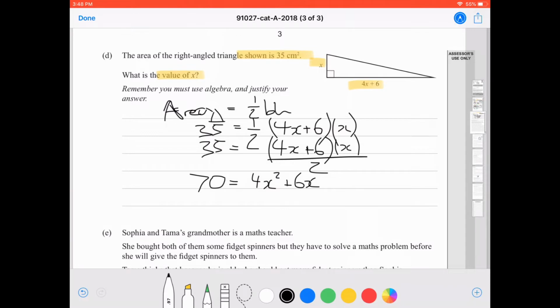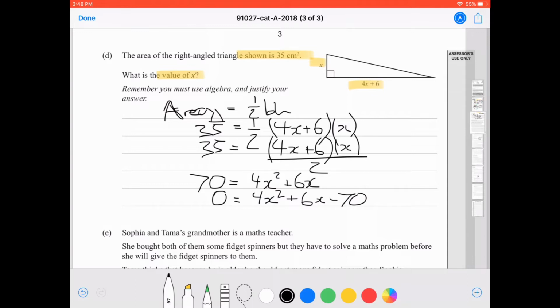Let's take everything to one side, so 0 equals 4x squared. I prefer leaving the x squared term as a positive. 4x squared plus 6x and minus 70. Okay. Once again, we've got a quadratic where the a value is greater than 1.